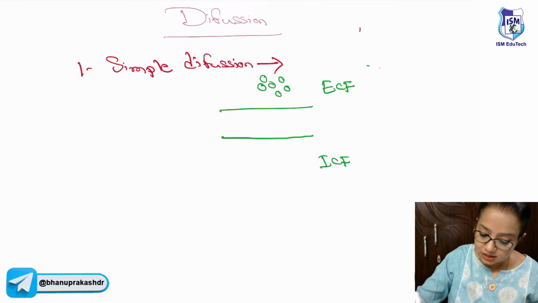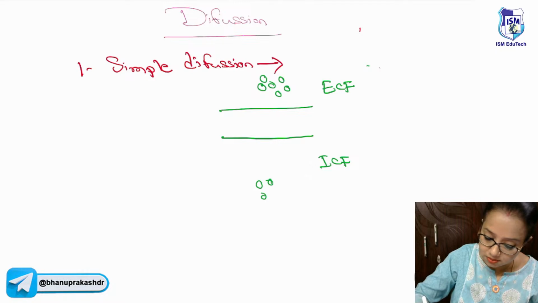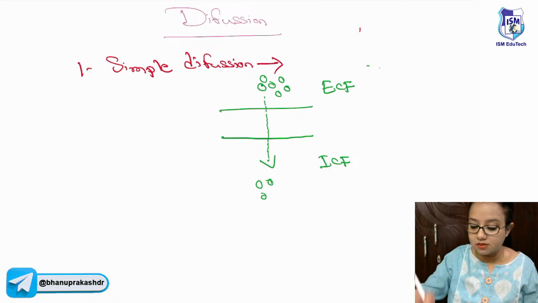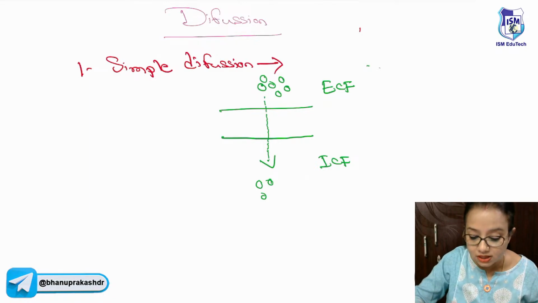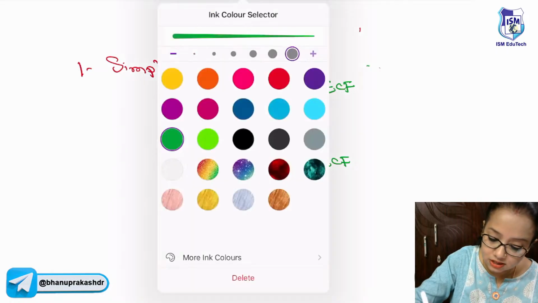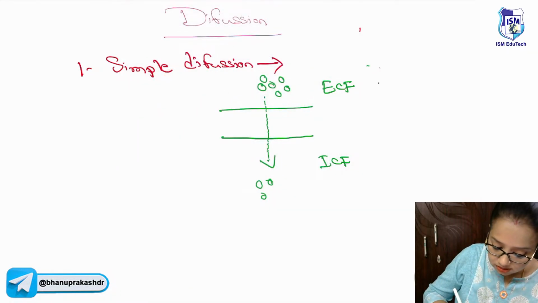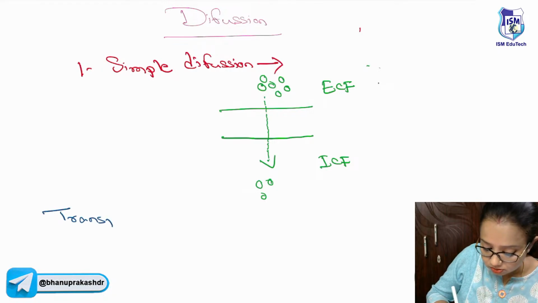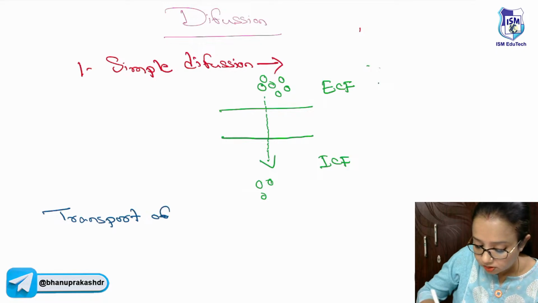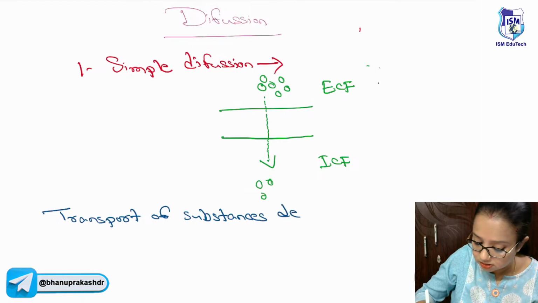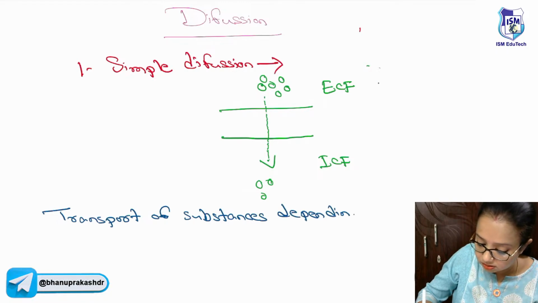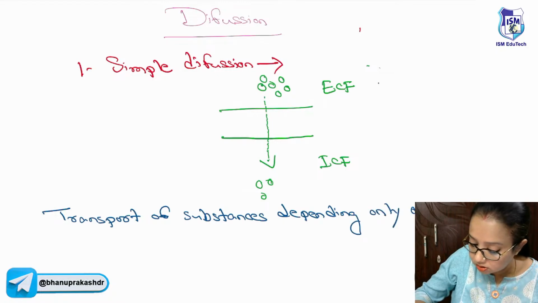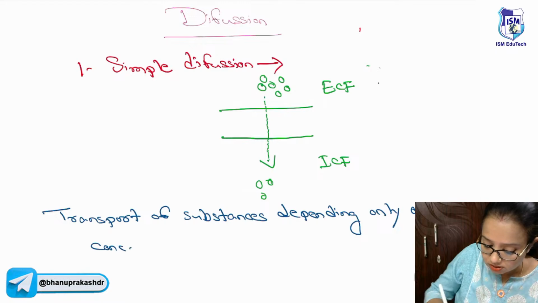So, when there is just simple passage of this molecule from the ECF to the ICF, totally depending on the concentration gradient, it is the transport of substances depending only on concentration gradient.